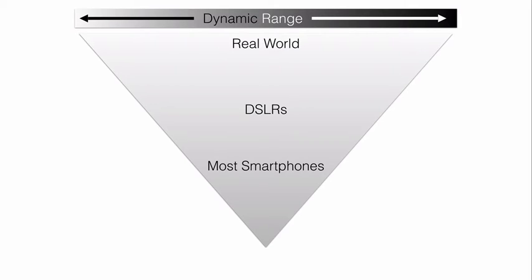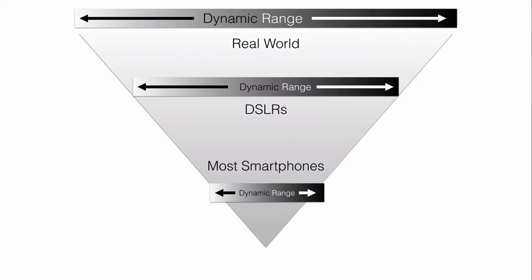And down in the smartphone area, the dynamic range is really compressed, and often in a wide dynamic range, the highlights are blown out if you overexpose, and if you underexpose, the blacks get all packed up and you're not getting any detail in the black. So what you want to do is get your exposure exactly right, so the limited dynamic range of the smartphone is optimally capturing the real world. There's the dynamic range for DSLRs, and there's the dynamic range for smartphones, much narrower.